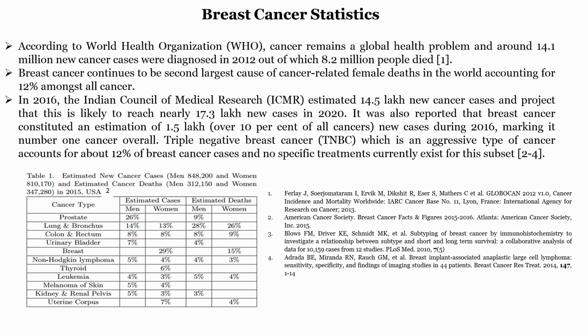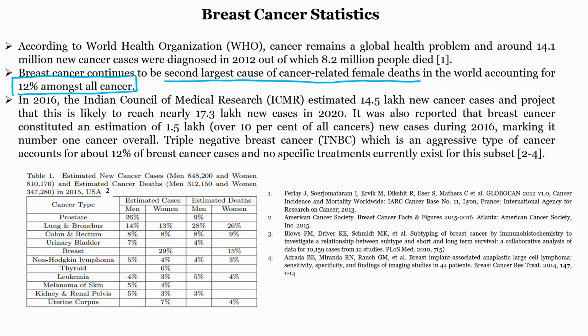And when you look at breast cancer in particular, breast cancer continues to be the second largest cause of cancer related female deaths in the world, accounting for 12% amongst all cancer. Huge value, huge problem. Right.